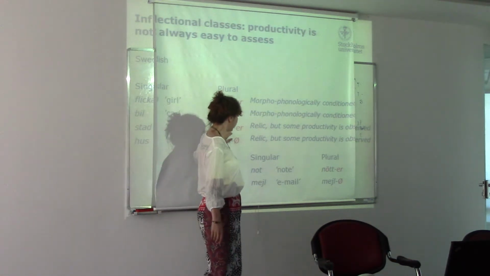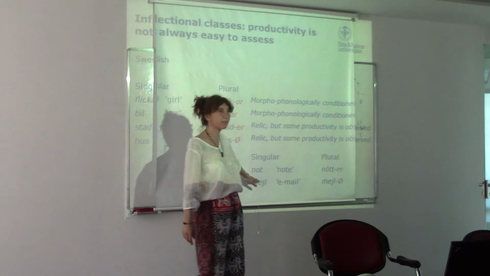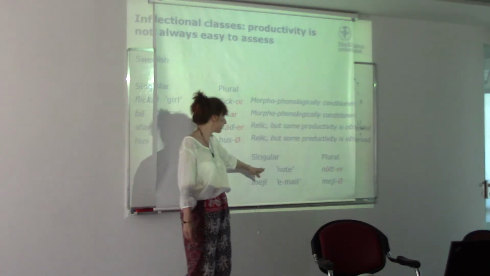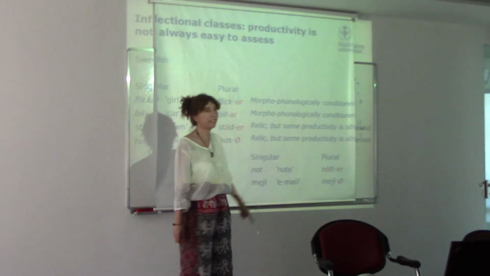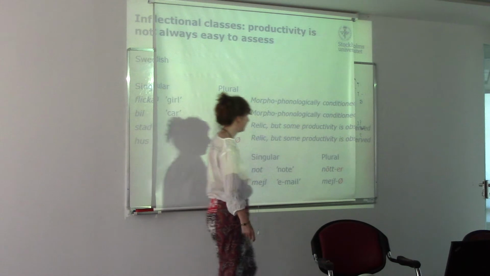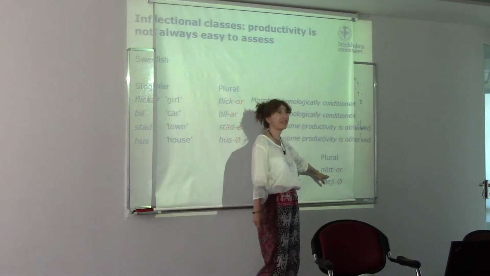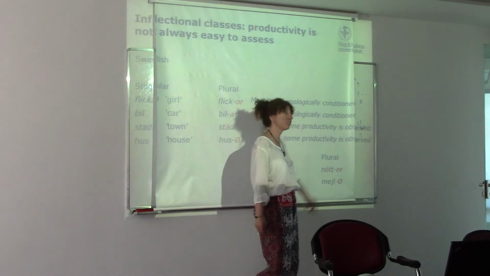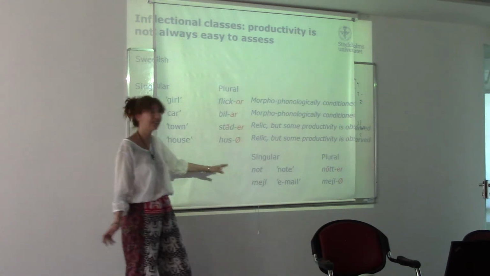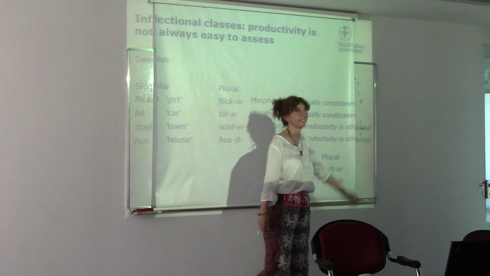The umlaut plural extends to not even newcomers, but things like note, a musical note. But in spoken register, you don't say nuter, which you're perfectly fine in saying. You say nutter.